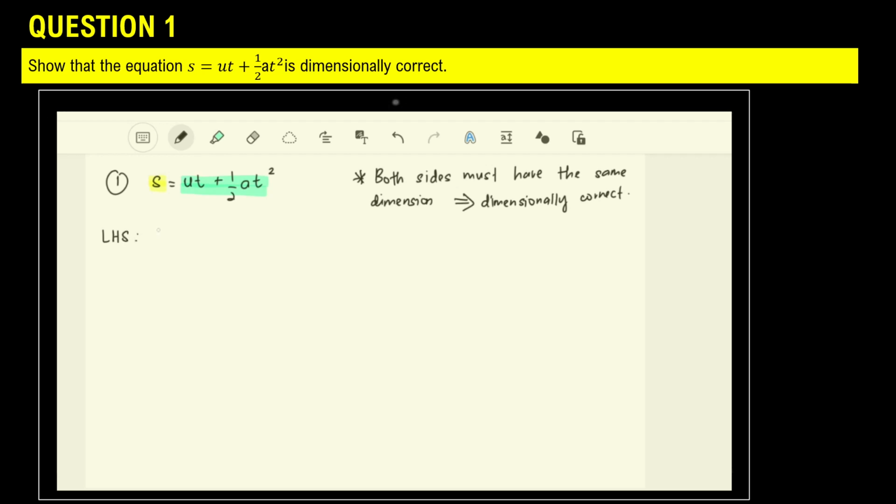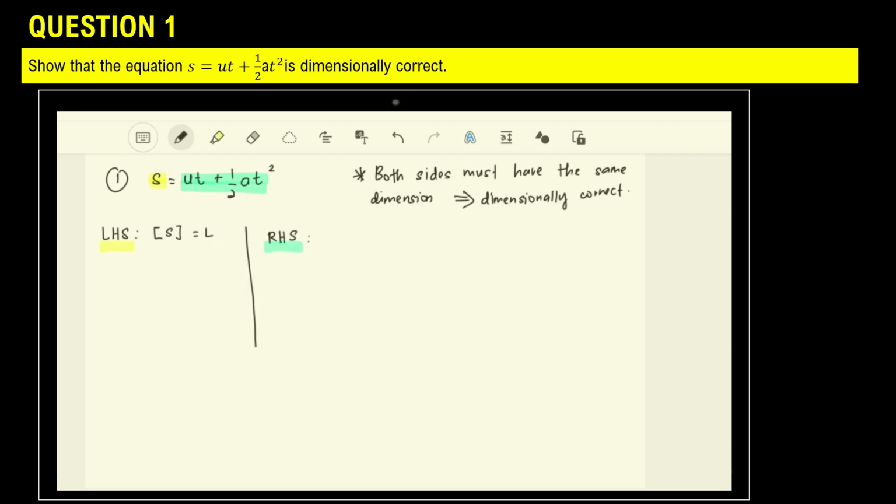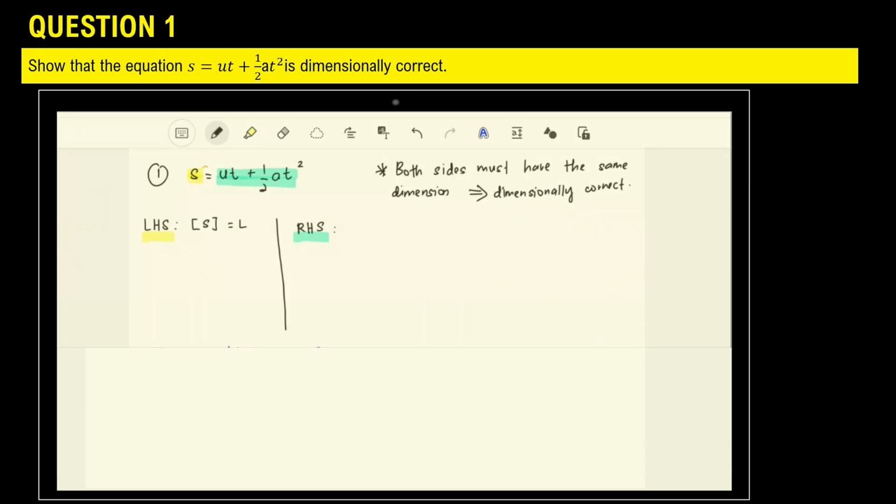We want to find the dimension of S. As we know, the dimension of S is equal to L. For the right hand side, we have UT plus half AT squared, where half is a constant.